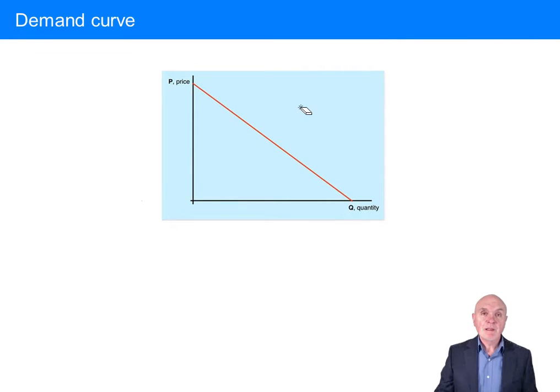But during this we'll be considering ordinary products bought by ordinary people who are logical, who will not want to pay more for more of the product, or if the price goes up will not demand more.